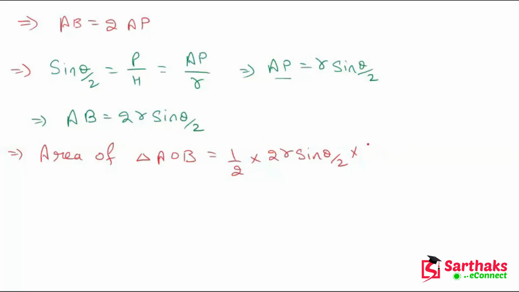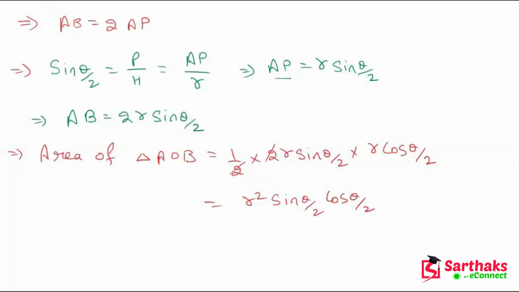The height is R cos theta upon 2. Now these two will cancel, so we get R square sine theta upon 2 cos theta upon 2. So this is the area of triangle AOB. If we know the value of theta and R, we can easily find the area of triangle AOB.